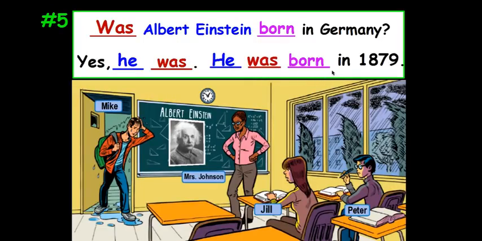He was born in 1879. Repeat. Was Albert Einstein born in Germany? Yes, he was. He was born in 1879.